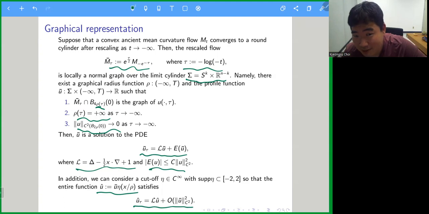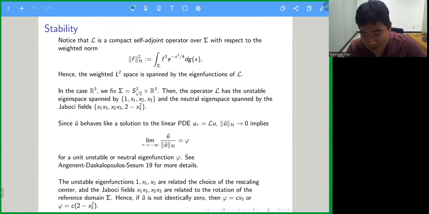So this u hat behaves like a solution to a linear PDE. And this operator L is a very nice operator, the so-called unstable Lambda operator by Powell. This L is a compact self-adjoint operator over sigma with respect to this Gaussian density.